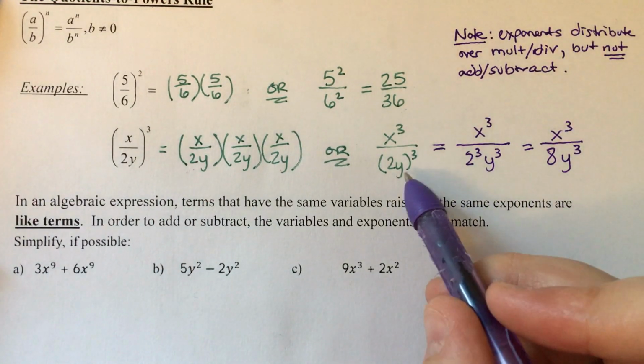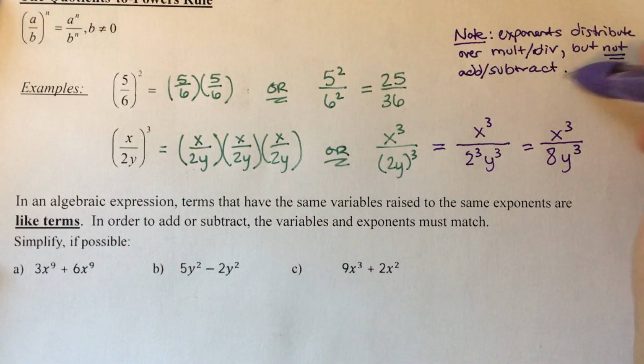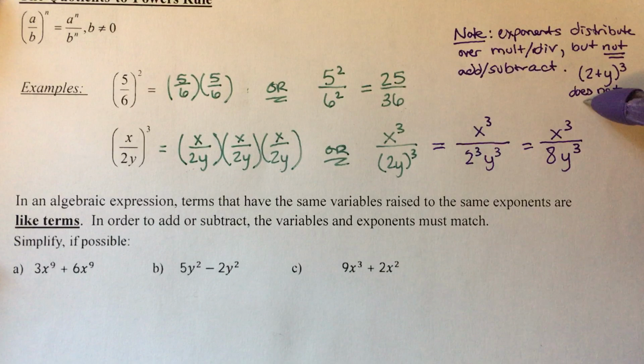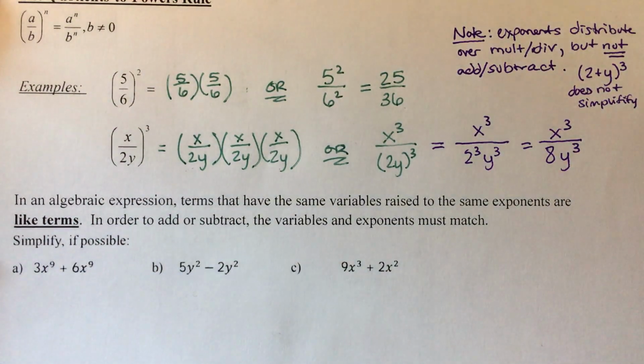So if the bottom of this fraction were like 2 plus y, cubed, that does not simplify. There's no other way to write that. I guess we could multiply it out, but that would be really messy and it's not simpler.